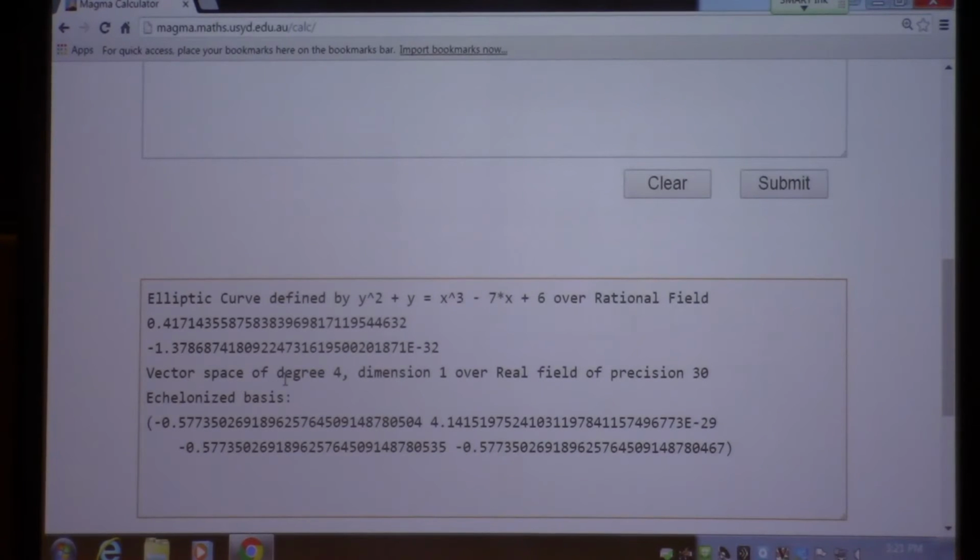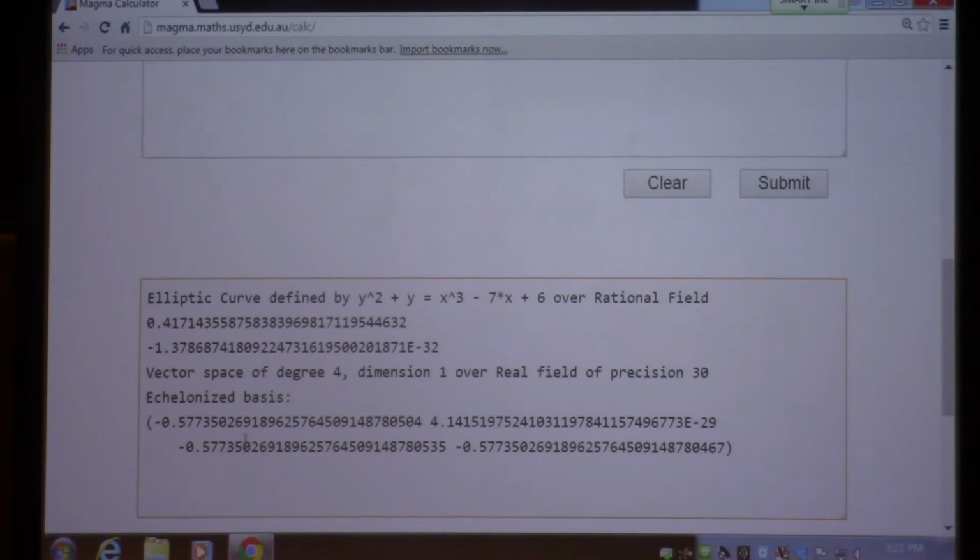It says that the kernel is within a vector space of degree 4. It's of dimension 1, so there is something in the kernel. And here's a basis. It says minus 0 point, like this real number, times something that's 10 to the minus 29, that looks like 0 to me.